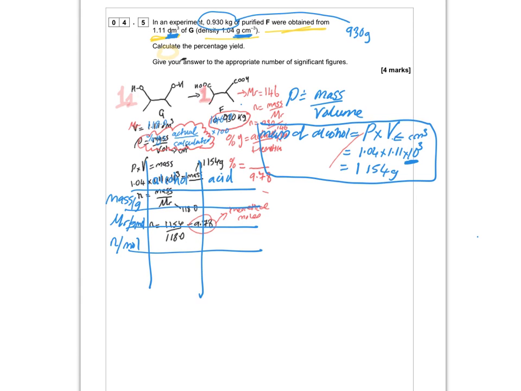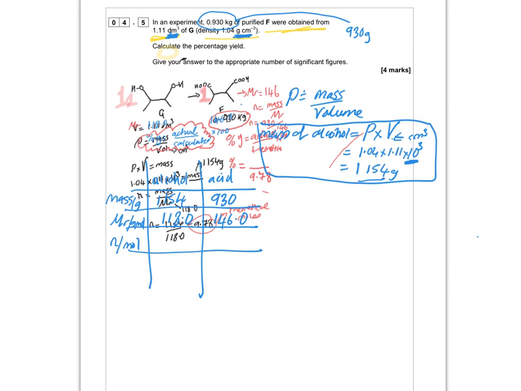So what do we have here? We have the mass of the alcohol is 1154 grams. The mass of the acid is 930 grams. The MR of the alcohol is 118.0. The MR of the acid is 146.0.